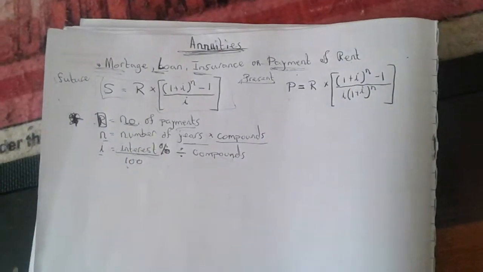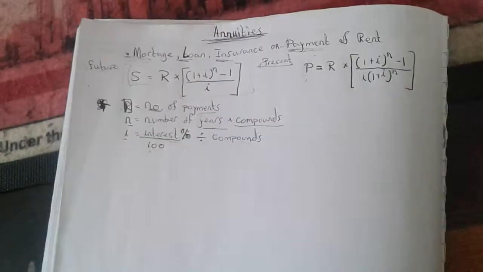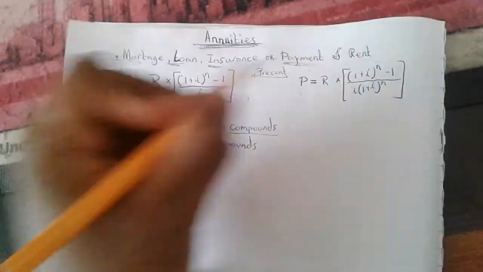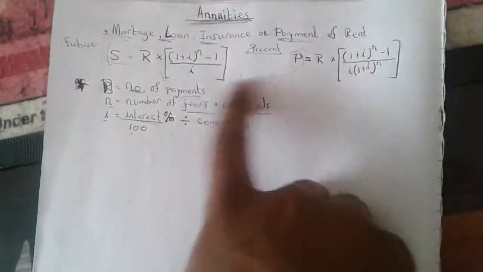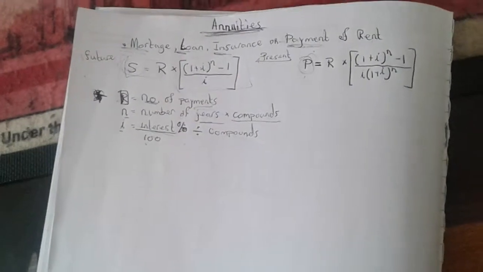I'm speeding this up because I suppose you watched the previous video. Remember from the previous videos that S is the future value and P is your present value. Take note that these two equations are not the same, so please be careful.